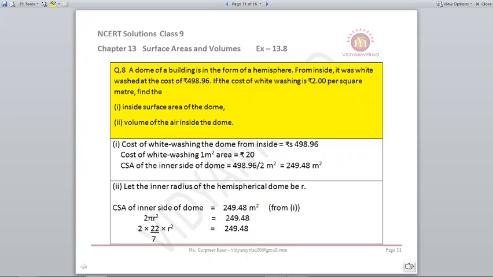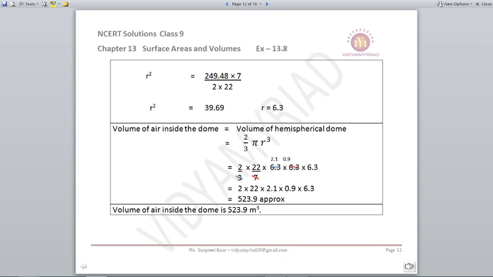You also need to find out the volume of the air inside. For that, we must find out the radius. Let the radius of the hemispherical dome be r. So CSA of the inner side of the dome is equal to 249.48 meter square. What is CSA? 2 pi r square equal to 249.48. From that we can find out r, that comes out to be 6.3.